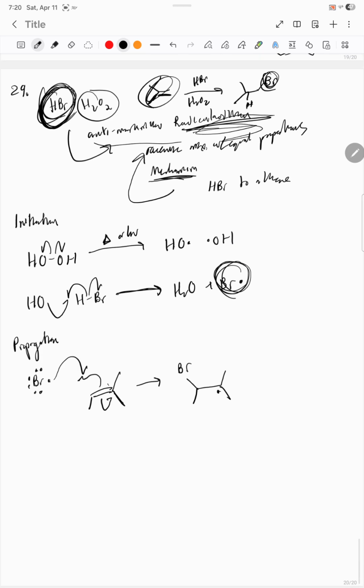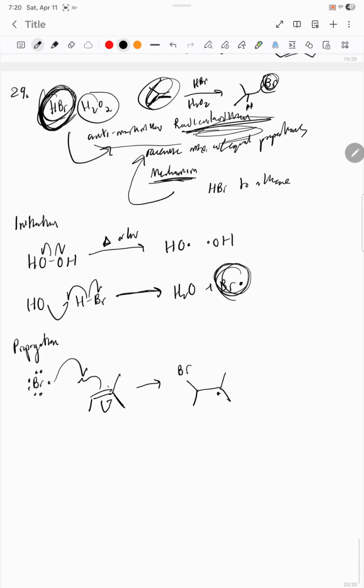What do we do from there? Are there more propagation steps and abstractions? Yes, it turns out abstraction can also happen with this molecule. Let's redraw that here. If we have this molecule and we have HBr, which came from here, we can still use that.